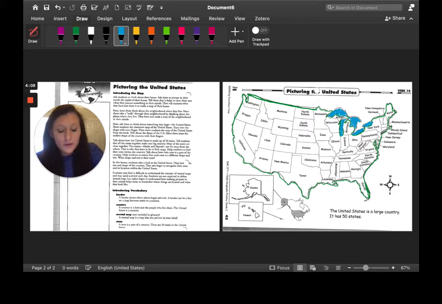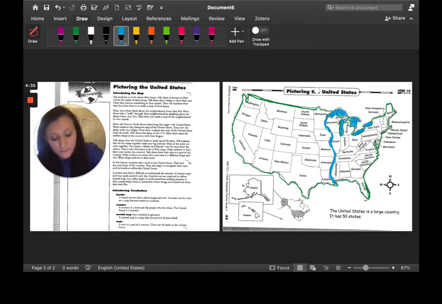And then one that we don't see on here, but we have, is the Mississippi River that runs from Wisconsin to Illinois, down to Missouri, Tennessee, Arkansas, Mississippi, and Louisiana. This is a huge river that gives a lot of water to a lot of the United States.